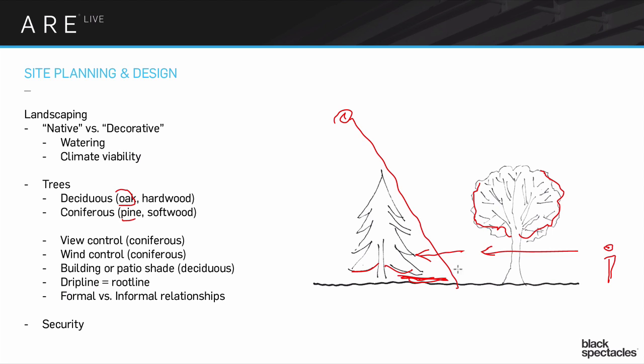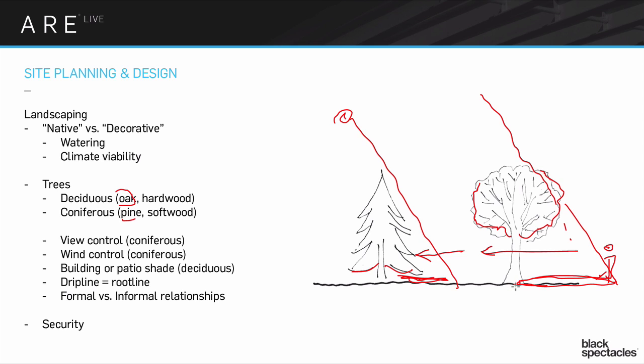That coniferous tree isn't really giving us much shade, but with this one, I'm getting a big area where people can be. Picnic tables could be, your building could be. There are lots of different ways that this deciduous tree can be very helpful from a shade standpoint.